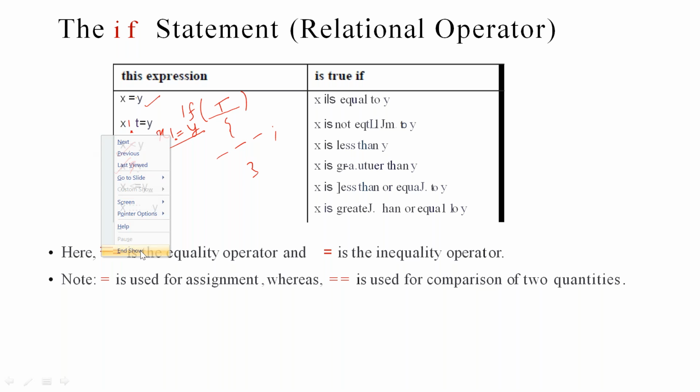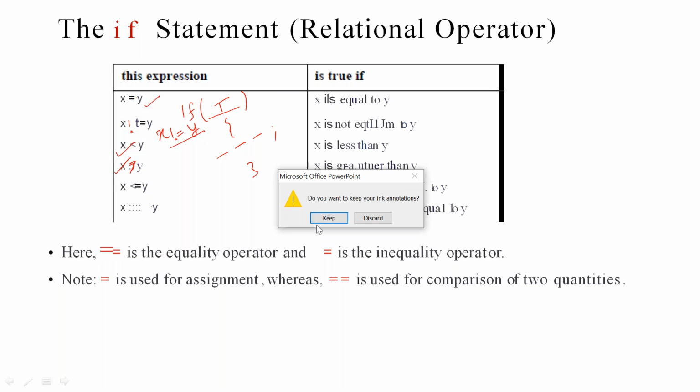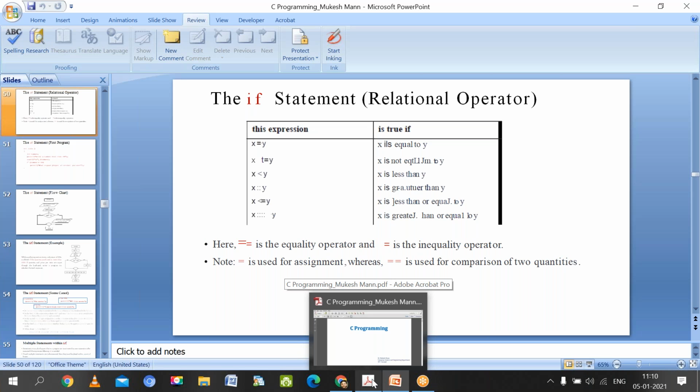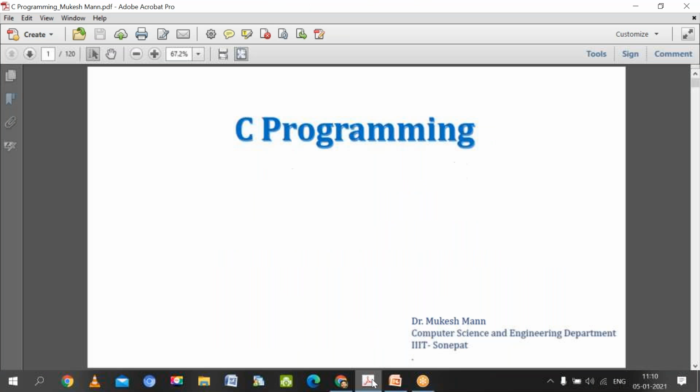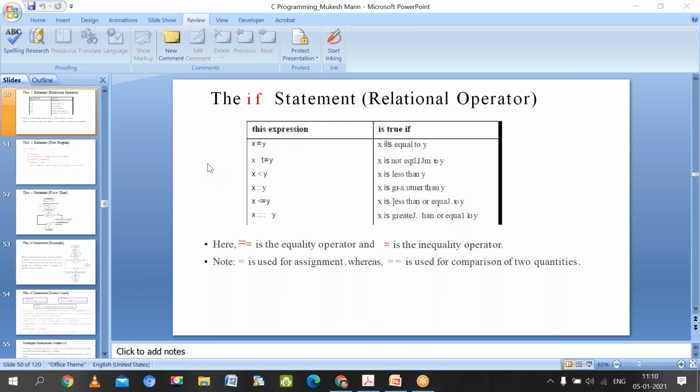Yes, beta. Sir, two equals signs will come here, as you told us yesterday in the first one. This is coming like this, reason being that I have converted this PDF into this PPT format, and due to the conversion problem it is showing like this. Let me show you the PDF only.